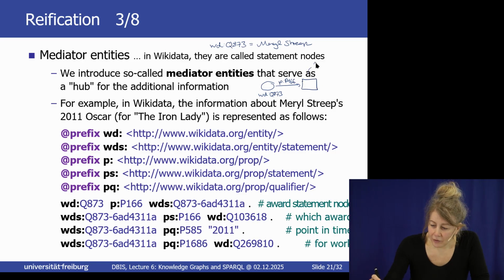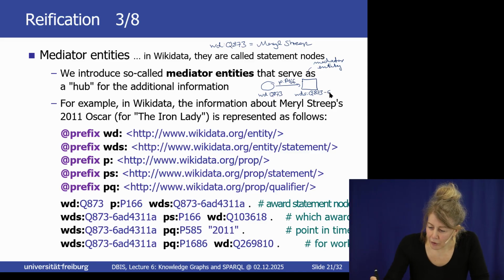So this here is what we call the mediator entity. And this has this funny name here, which is actually an abbreviated name. The full name is even longer. So the question is, what does this entity stand for?